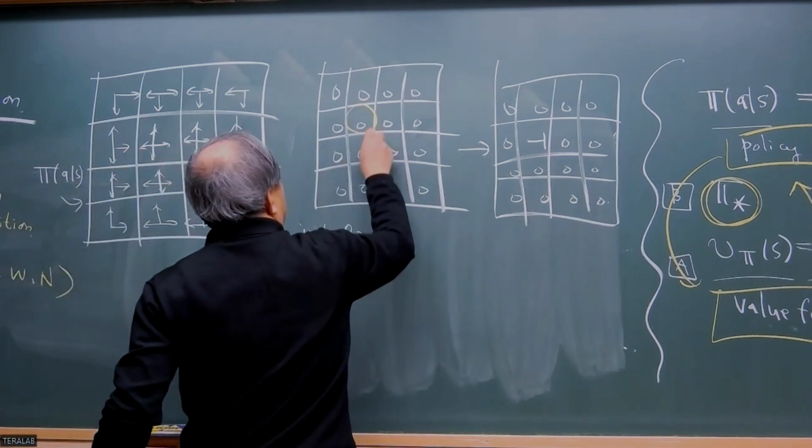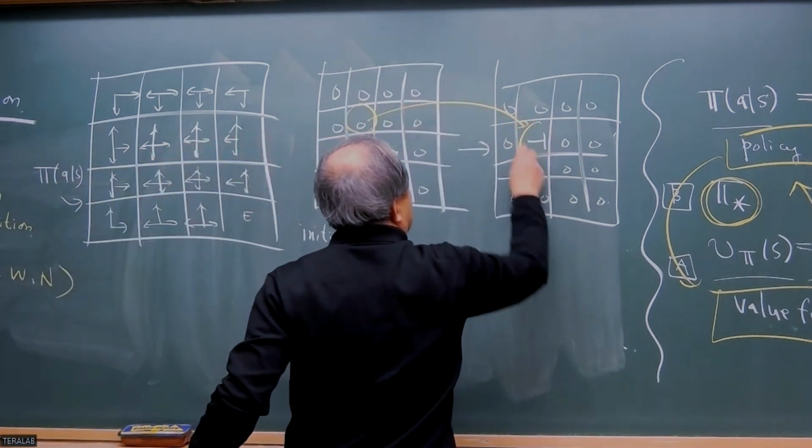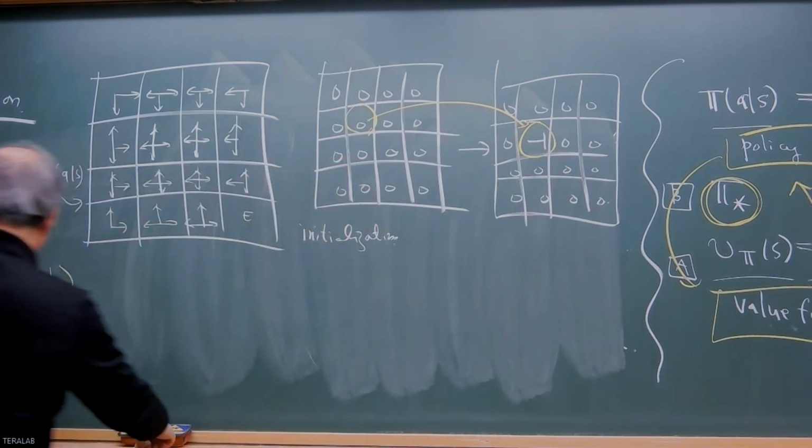The value function of this state will be changed to -1. How can you do that?